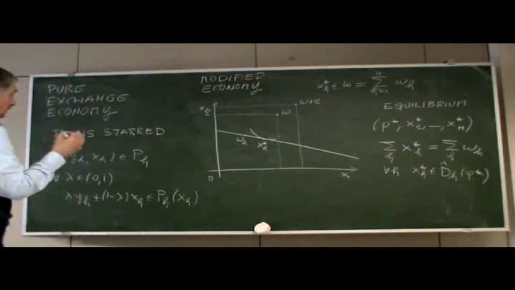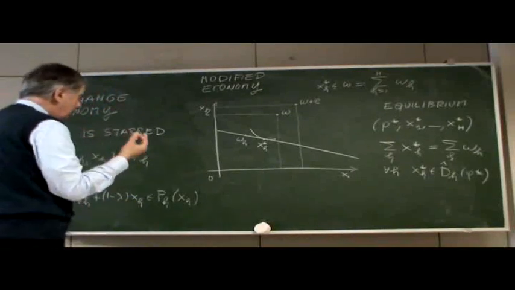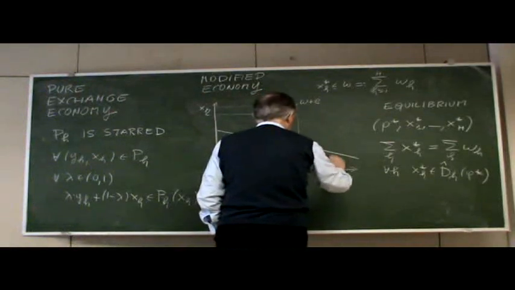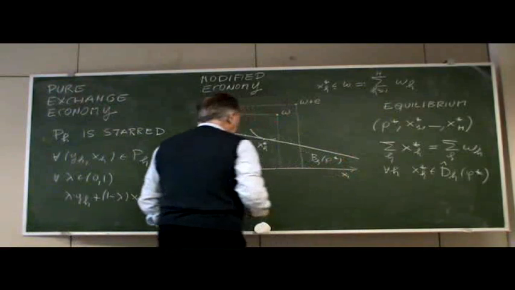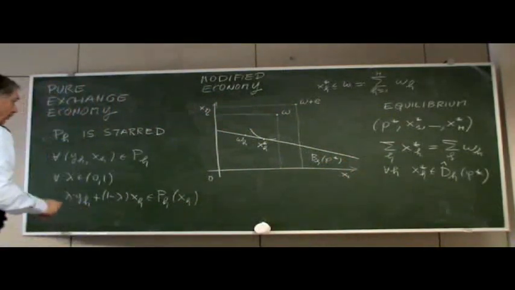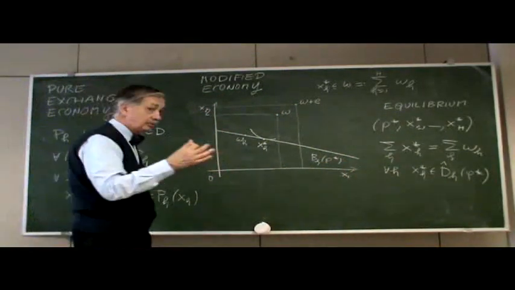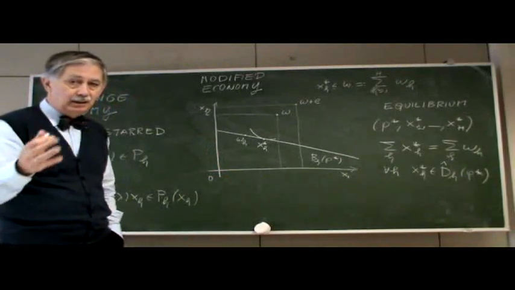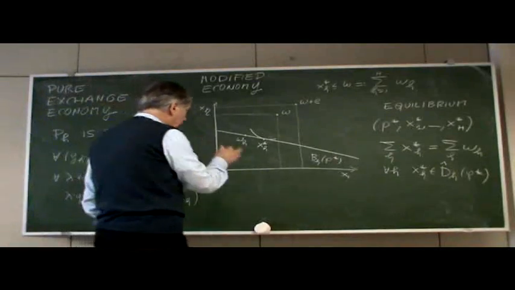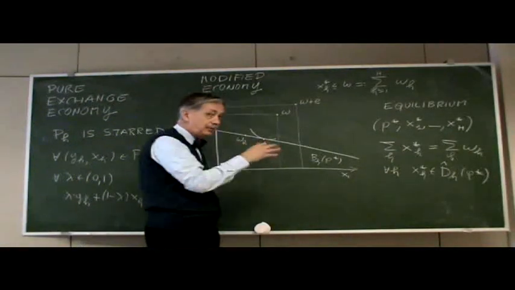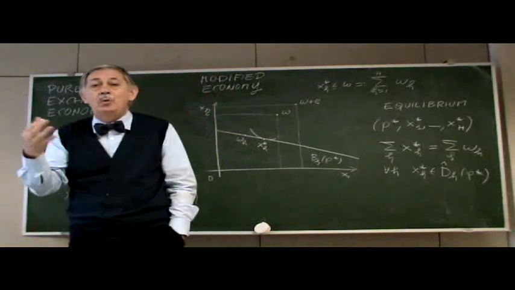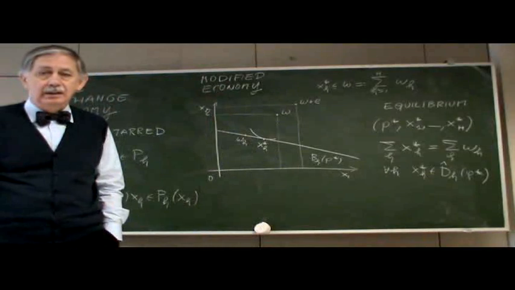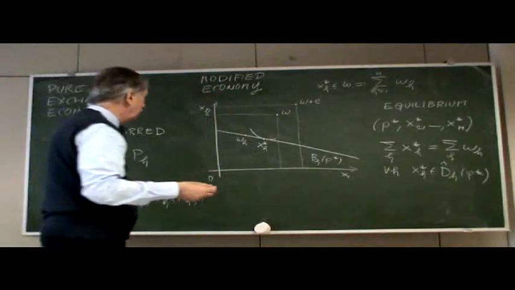Now, let us return to the original budget constraint, BH of P star. It is possible that in the original budget constraint there is a vector which is preferred to this vector, and therefore when you pass from the truncated economy to the real one, X star H is not the optimal point.